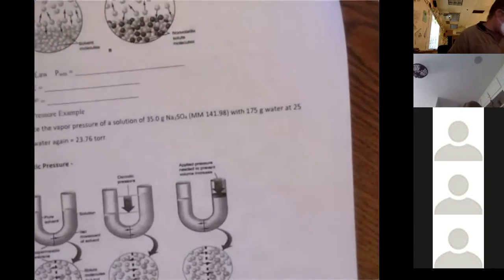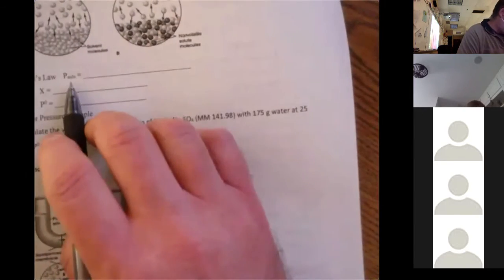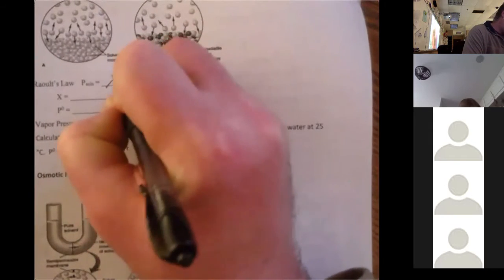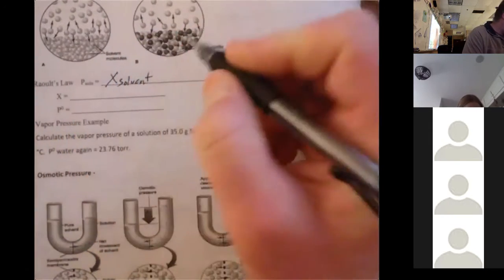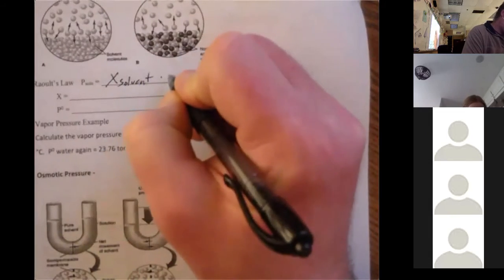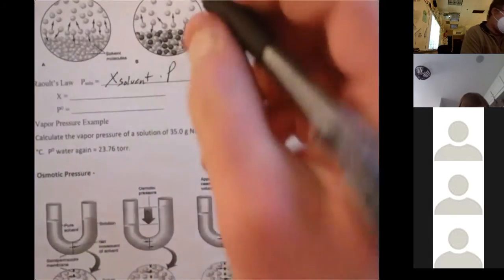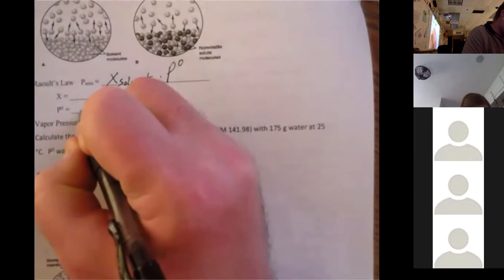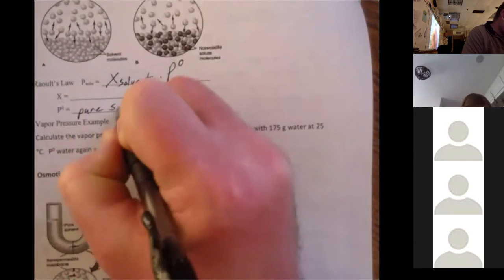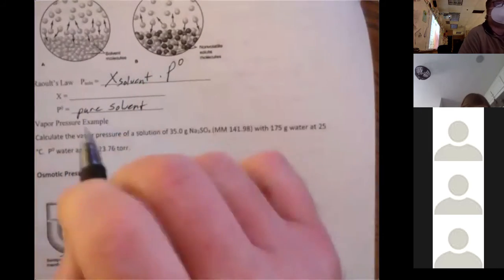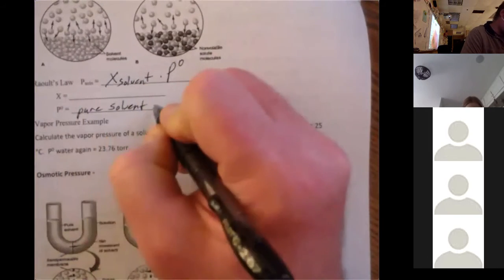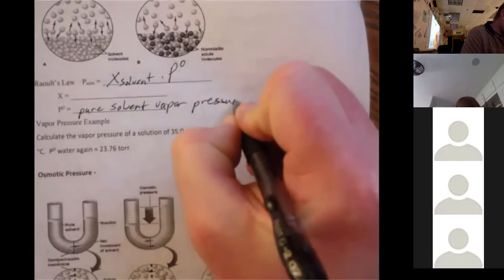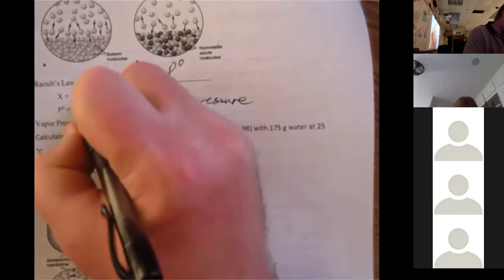So vapor pressure: the vapor pressure of the solution is equal to X of the solvent times the normal pressure, or what we call P naught. That P naught is the vapor pressure of the pure solvent. X is the mole fraction of the solvent.